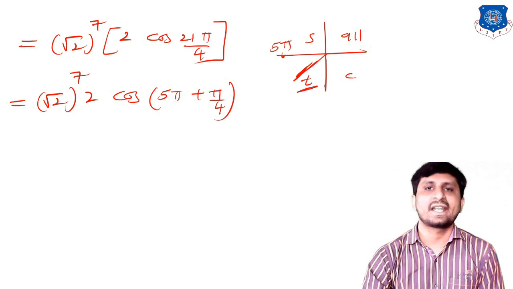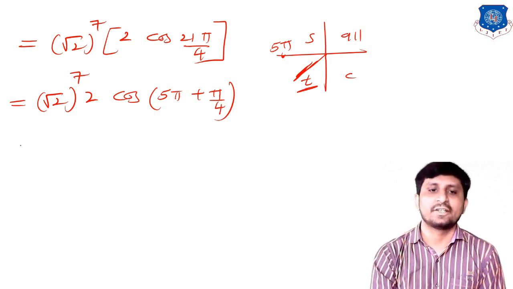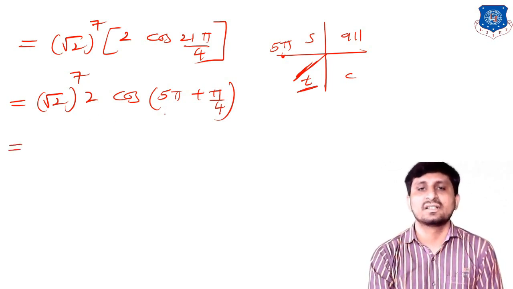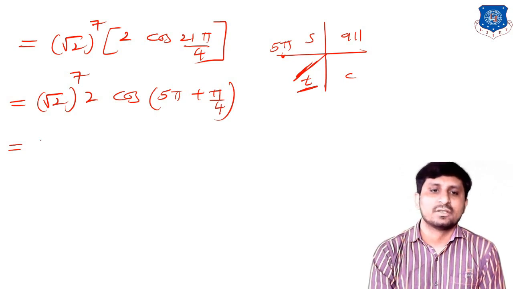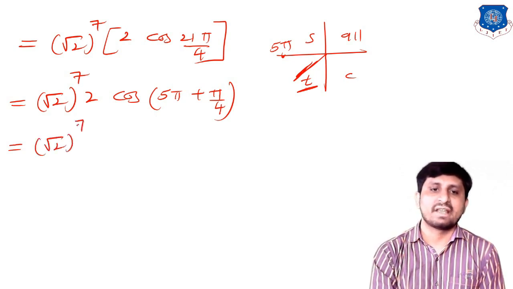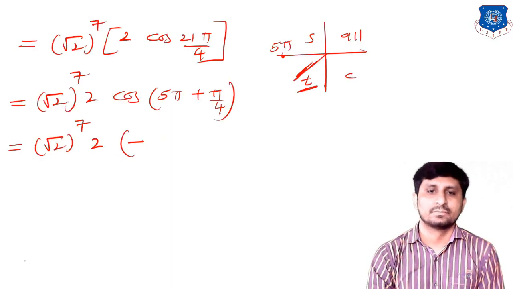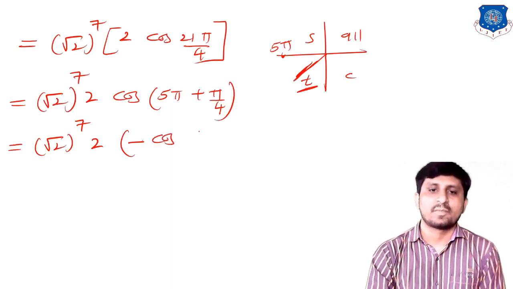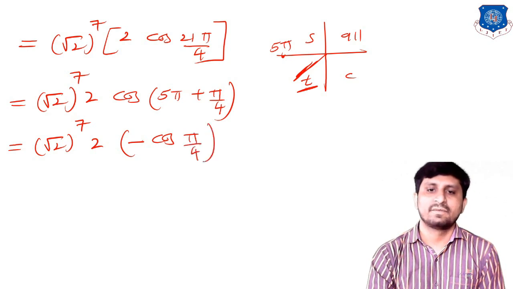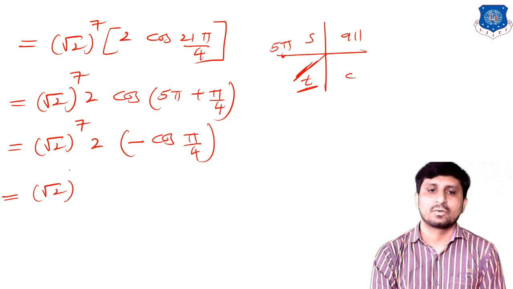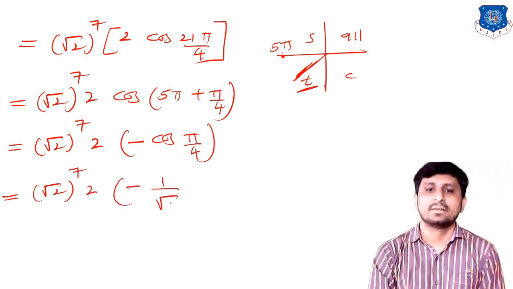So in the third quadrant tan and cot are positive, cos is negative. So this is exactly minus cos pi by 4. So root 2 raised to 7 into 2 into minus cos pi by 4. And what is my cos pi by 4? That is 1 by root 2, so root 2 raised to 7 into 2 into minus 1 by root 2.